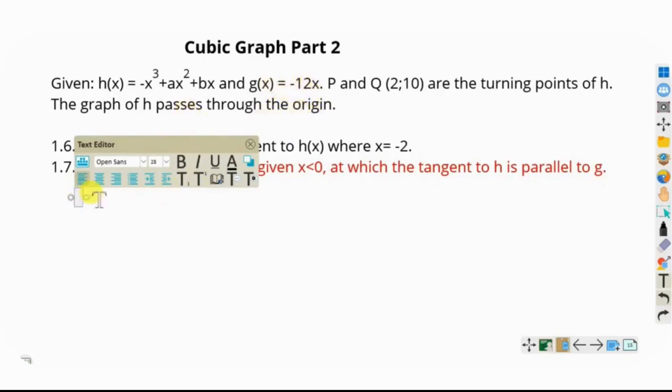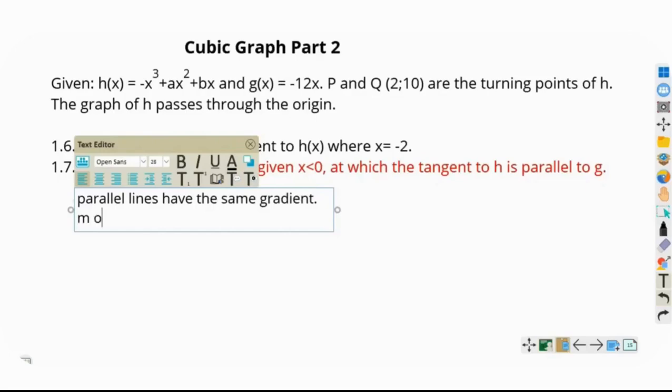All right, so parallel lines have the same gradient. This means the gradient of the tangent, m of the tangent, equals m of the graph of g.